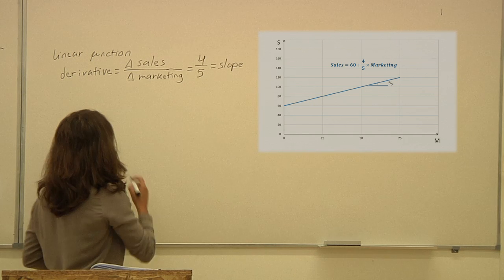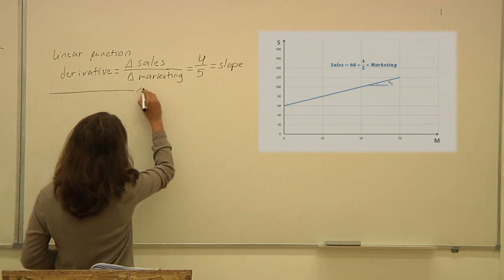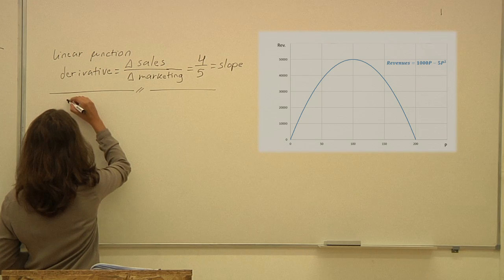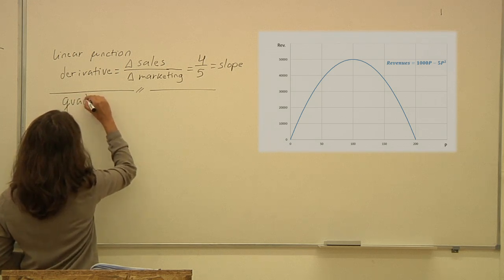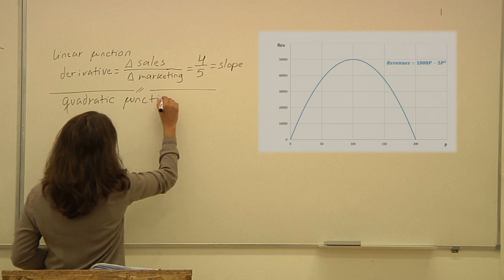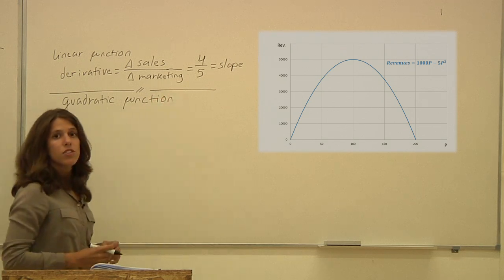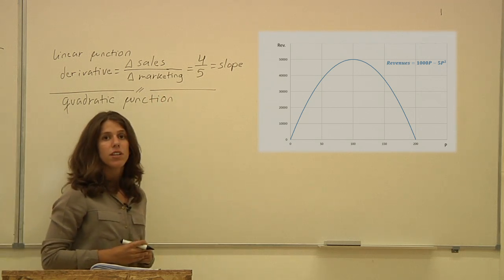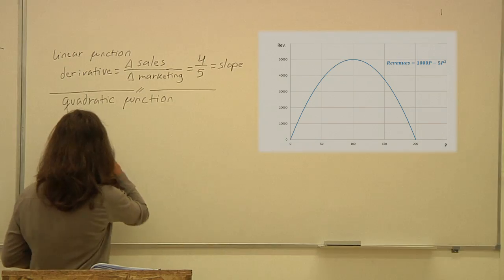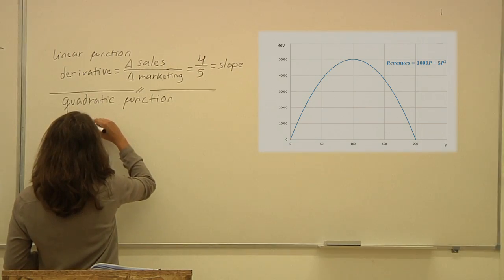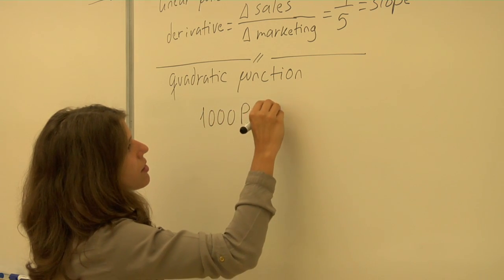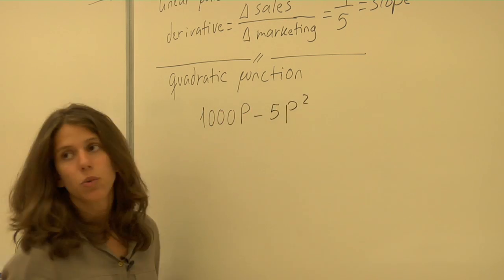Now let's assume a more complicated case. The quadratic function, and let's assume the one that we have used before, the one that was related with the revenues of the surfboards. So the expression was 1000p minus 5p squared.